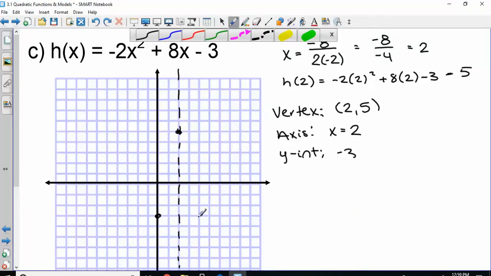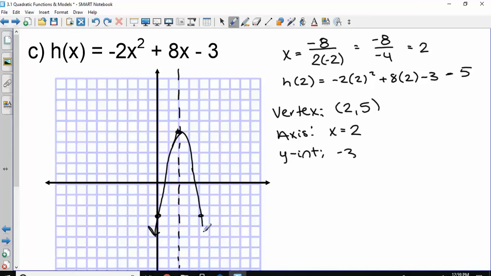So then if I reflect my y-intercept, domain is always negative infinity to positive infinity. The range would be, I skipped B. I want you guys to go back and do that one.